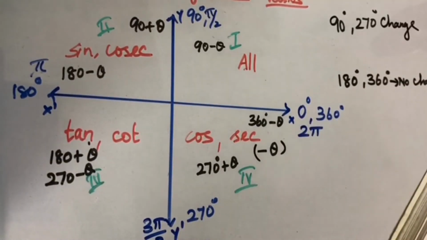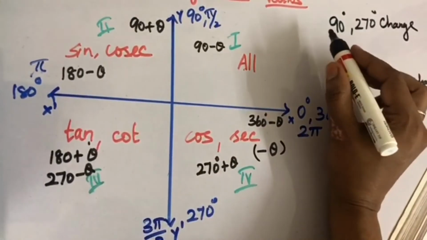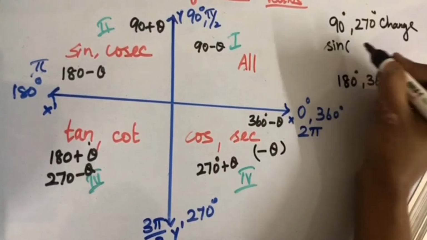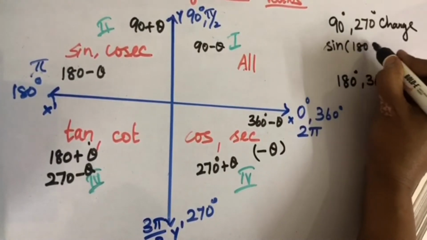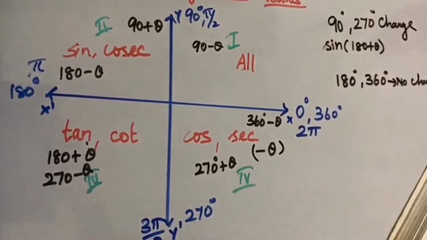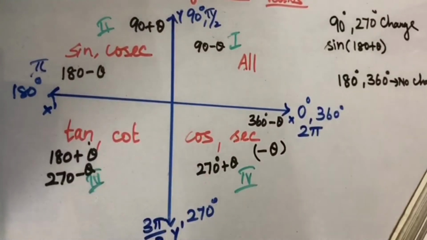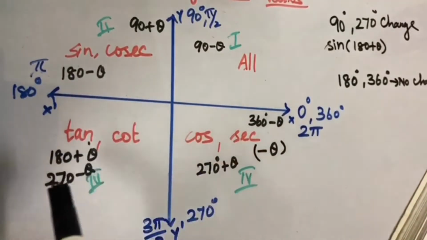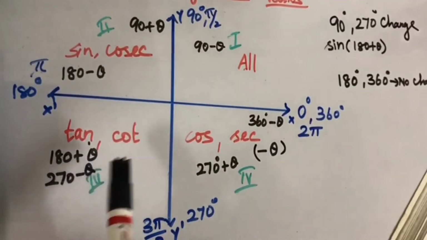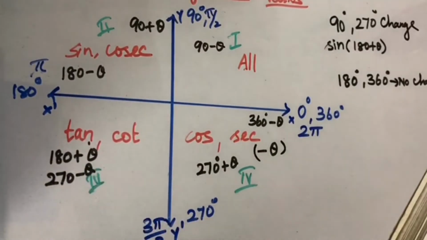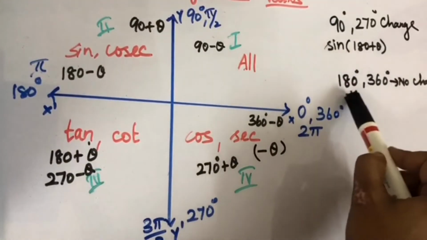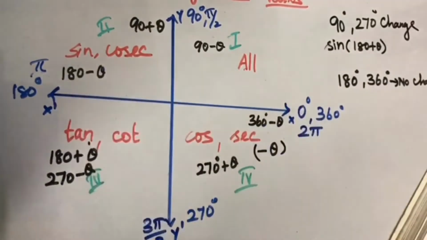Okay. For example, we are going to measure sine 180 plus theta. Sine 180 plus theta, and it lies here, isn't it, in the third quadrant. But here I said for 180 and 360 there is no change.